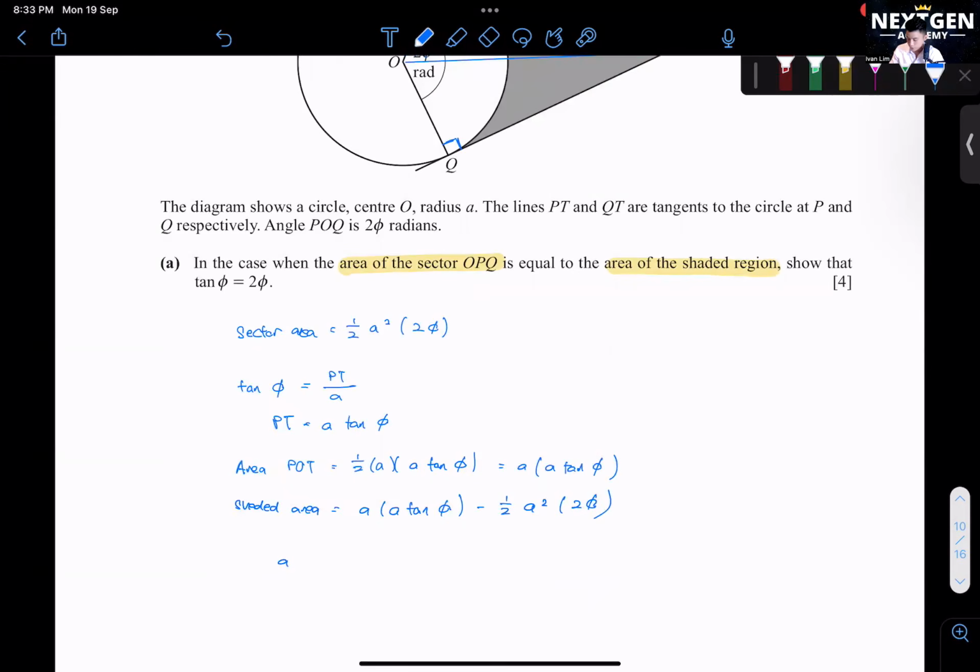So we change it: A squared tan phi minus half A squared 2 phi equals half A squared 2 phi.